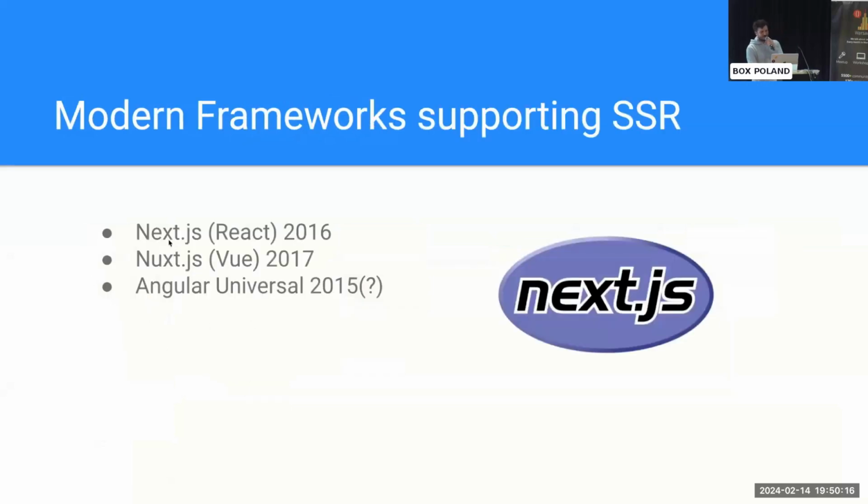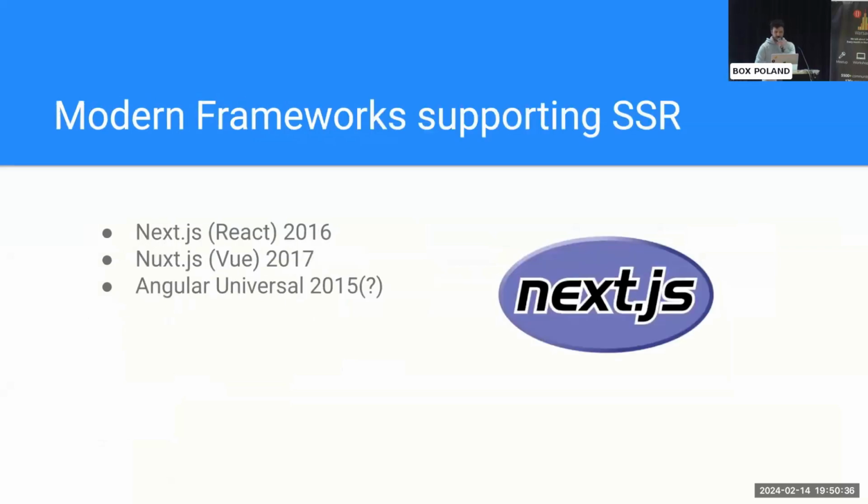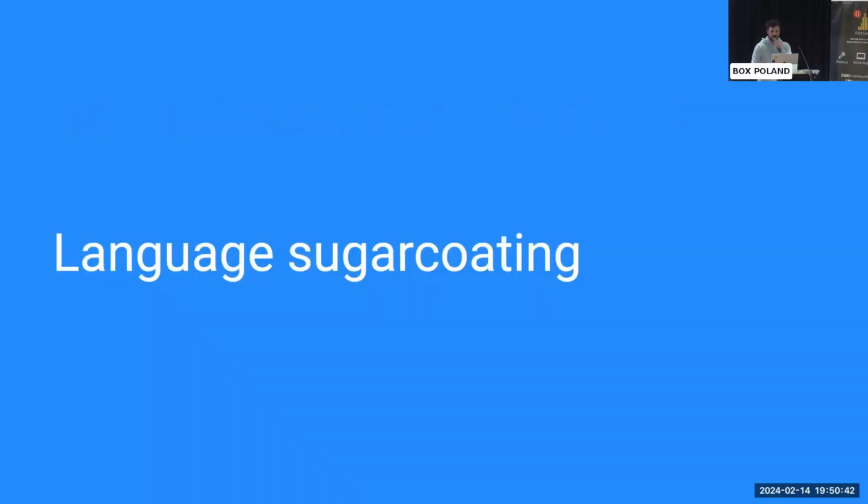Yeah, we have Next.js, Angular Universal, and these are things from 2016 or 2015. But the whole concept was there starting in the early 2000s, and those new things utilize those old concepts.